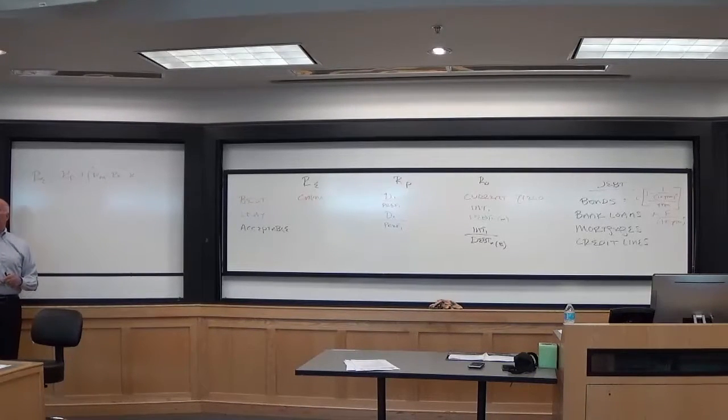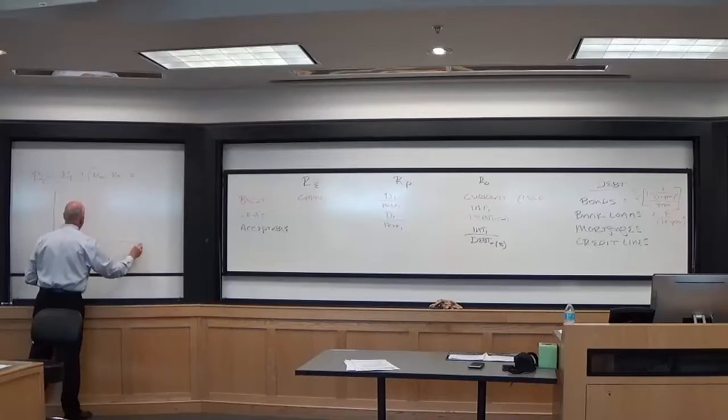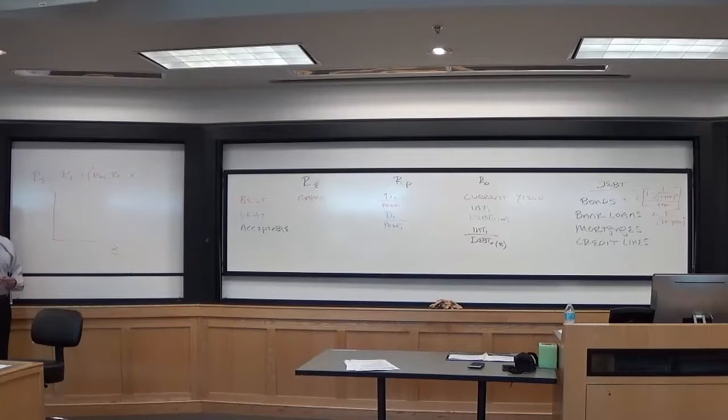Do any of you remember CAP-M or the security market line from Finance 300? Little bits? Okay, good. There's hope. The security market line can be visualized graphically, where we have some measure of beta, and beta is simply a volatility index assigned to a stock by observing its variance from the mean price of that company's stock over a period of time. I'm not going to ask you to calculate it, okay?